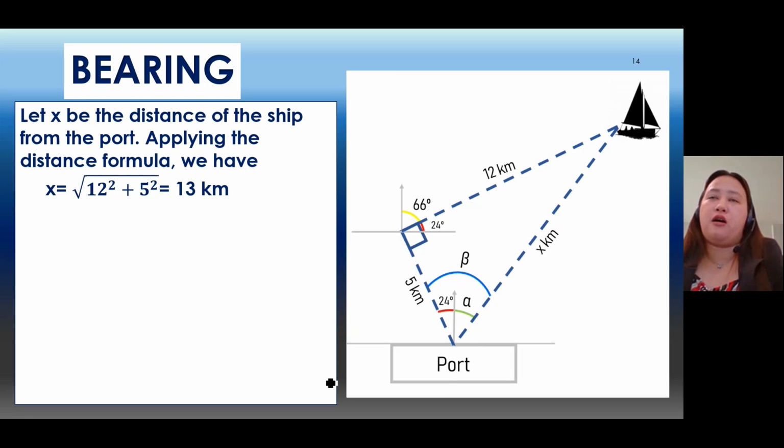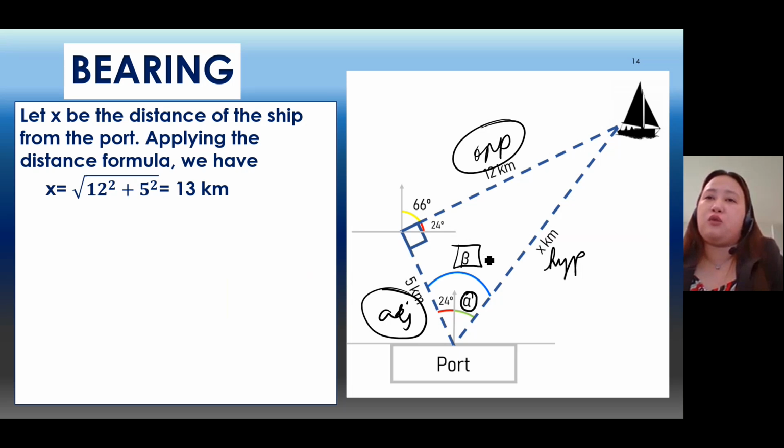And then for the bearing, since we are asked of the alpha here, what you can do is to solve first for the beta. Since again we have adjacent at 5, opposite at 12, and then hypotenuse at this x, you can make use of the opposite and the adjacent to solve for the beta first.